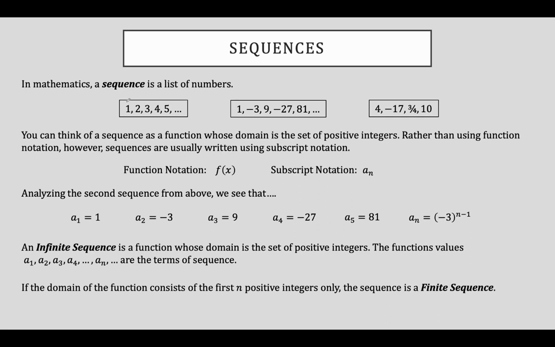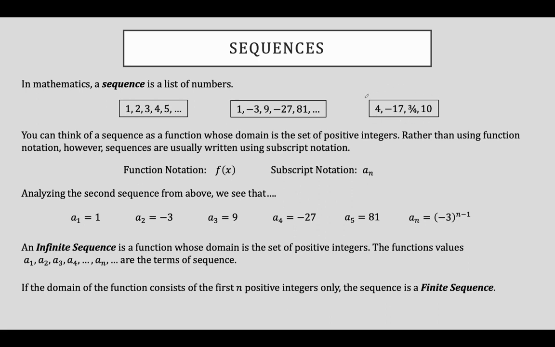There are a finite number of terms in the sequence. So notice up here, let's look at these first few examples again. This first one is an infinite sequence. How do we know this is an infinite sequence? It has a dot, dot, dot next to it, meaning that the list is going to continue onward. Same with our second sequence that we see here. We have a dot, dot, dot at the end. That means it's an infinite sequence. The list continues.